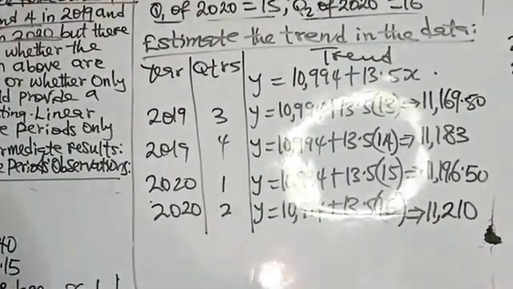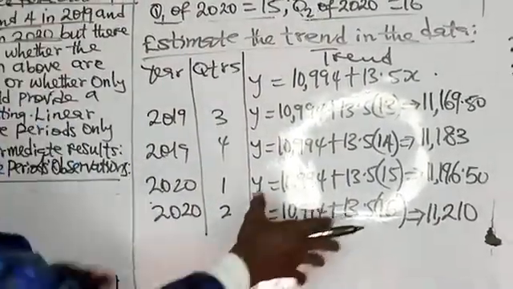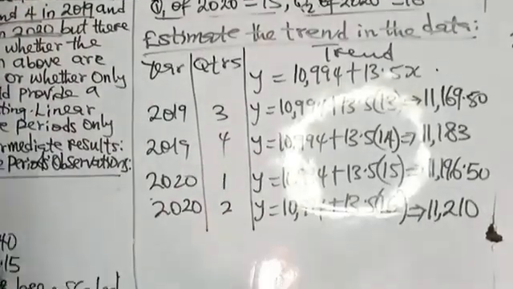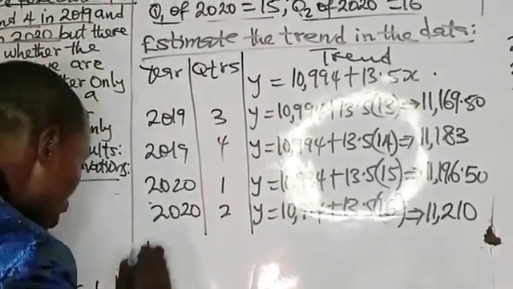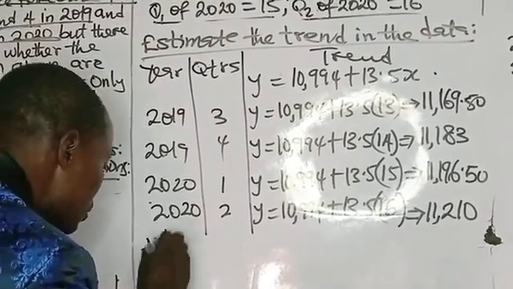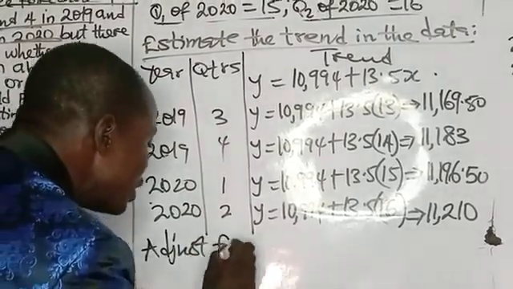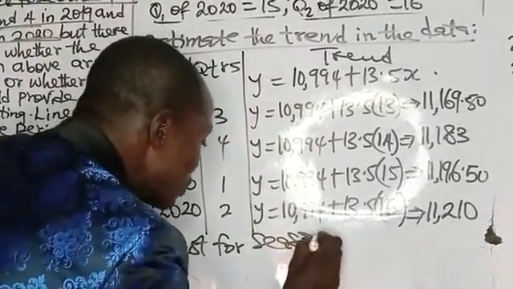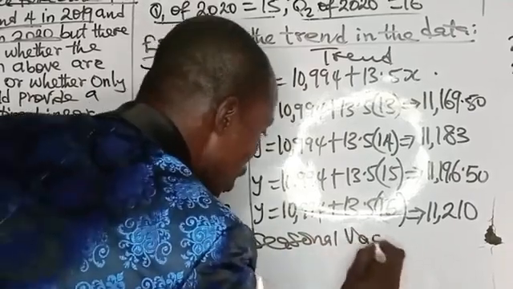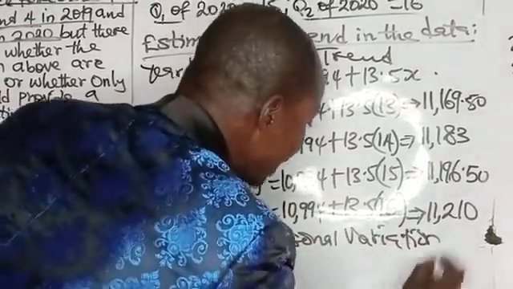Then we now adjust our trend for seasonal variation, or adjust for the seasonality.